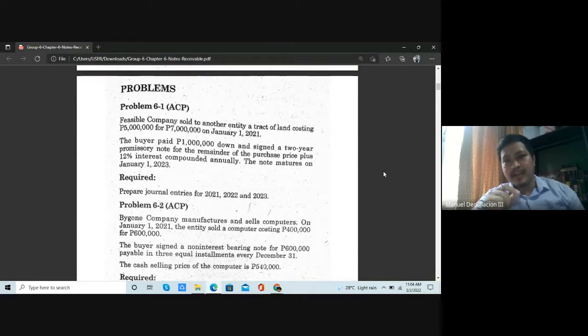It's just that in an interest bearing note, the face value will be the same as its present value. Why will the face value be the same as its present value? Because the face value does not include any interest. So if we are going to come up with a single measurement rule, notes receivable are to be measured at present value. But why do we say interest bearing notes are measured at face value?